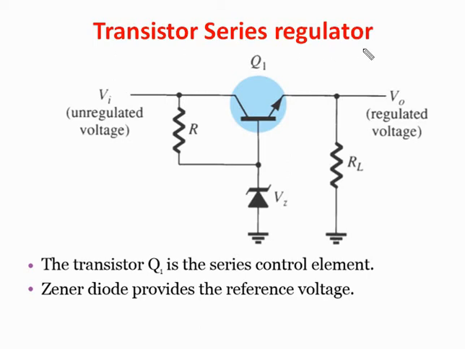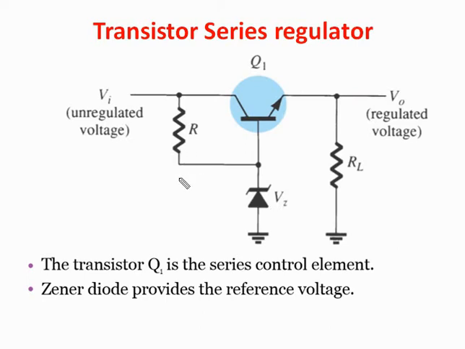Transistor series regulator. So here the transistor is connected in series with the input voltage and the output voltage, but as the error detector or reference voltage, a Zener diode is connected to the base of the transistor with respect to ground. So here we set the reference voltage, and this is the load RL, and this is the current limiting resistance for the Zener diode.